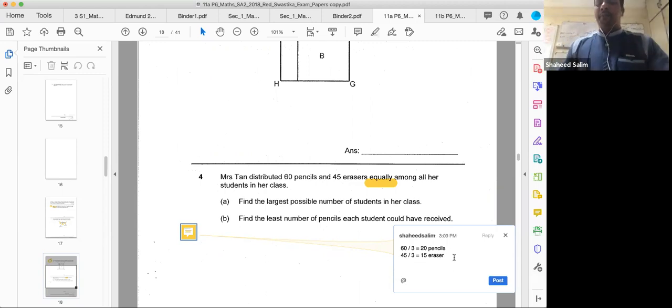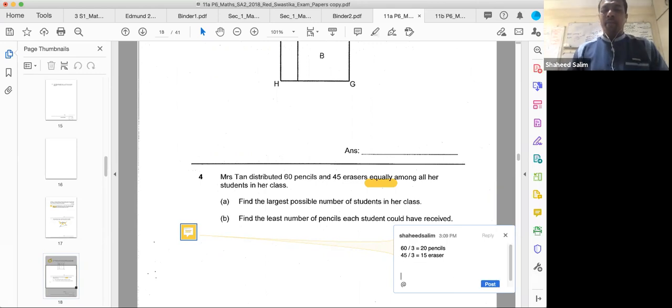Okay, we go step by step. We write down the factors of 60. 1, 2, 3, 4, 5, 6 are also possible. 7 cannot, 8 cannot, 9 cannot, 10 can, 10 times 6.